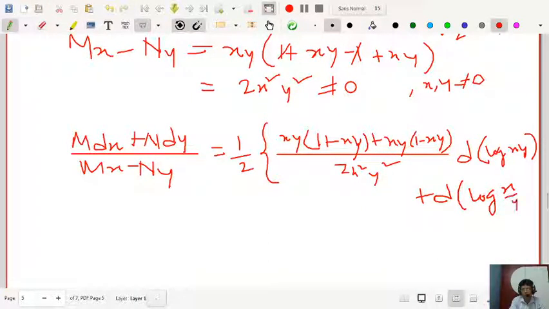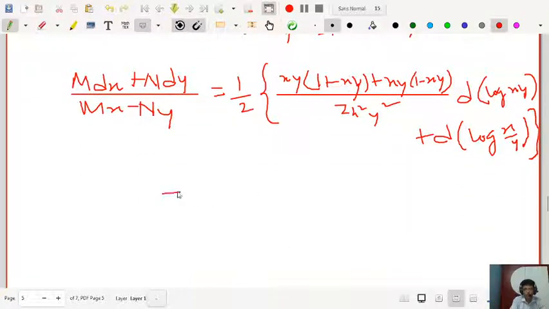So you simplify this: half, xy cancels from the numerator and denominator, and if you open the bracket, let me show you another step for your convenience.